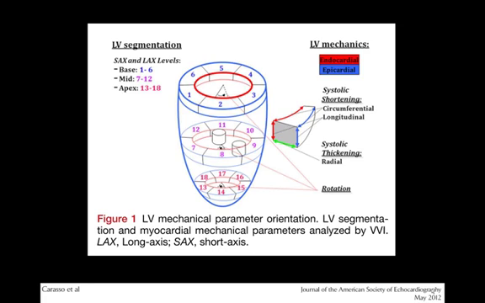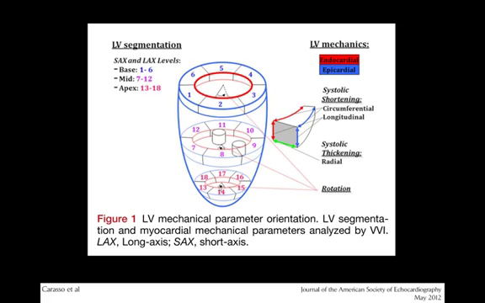So in short axis, we get circumferential and radial, and as you can see, I don't know if you can see my cursor, here also the implication from base to apex is that there is a rotation, as you can see there on segment 2, in one direction at the base and the opposite direction at the apex, and that can be measured.